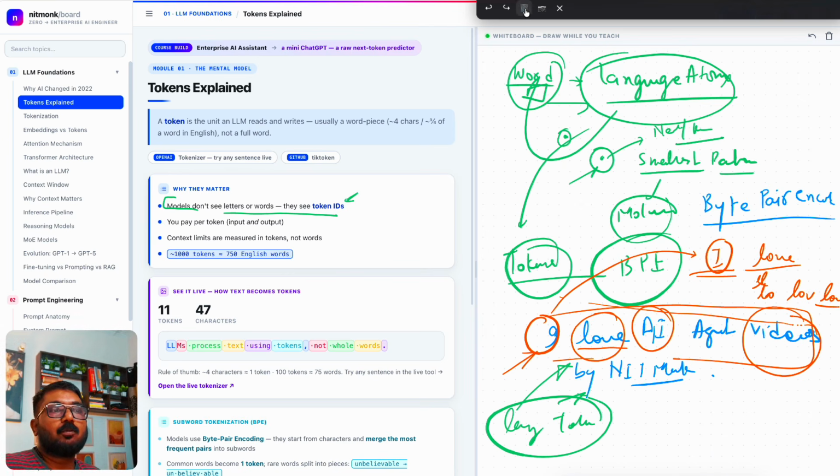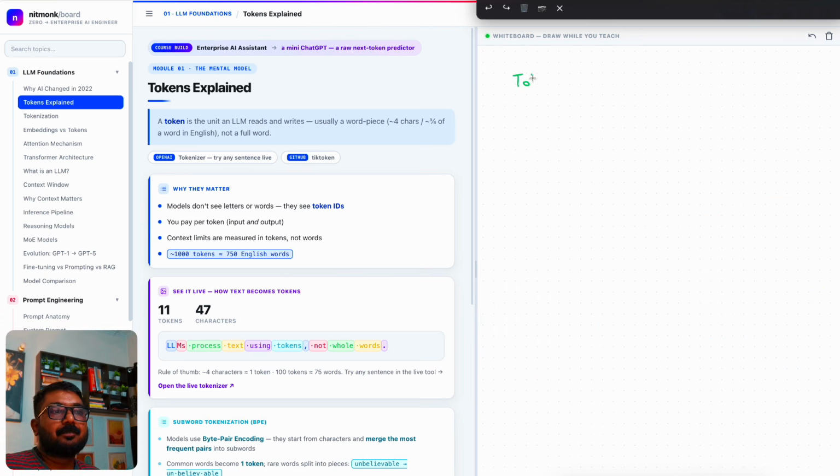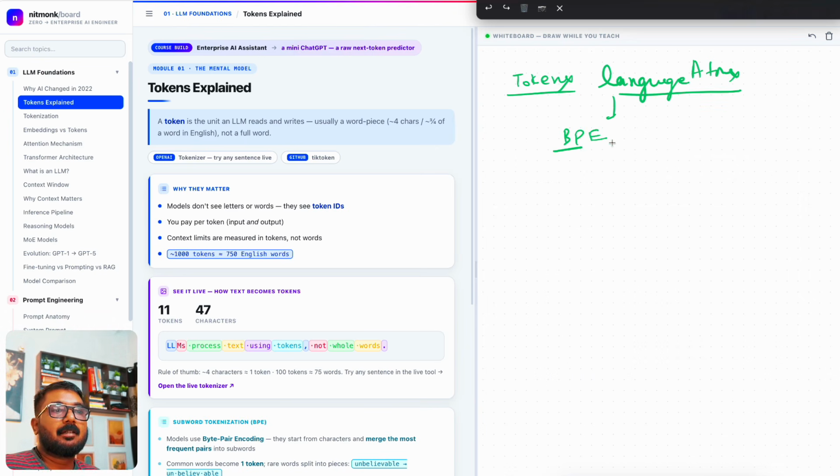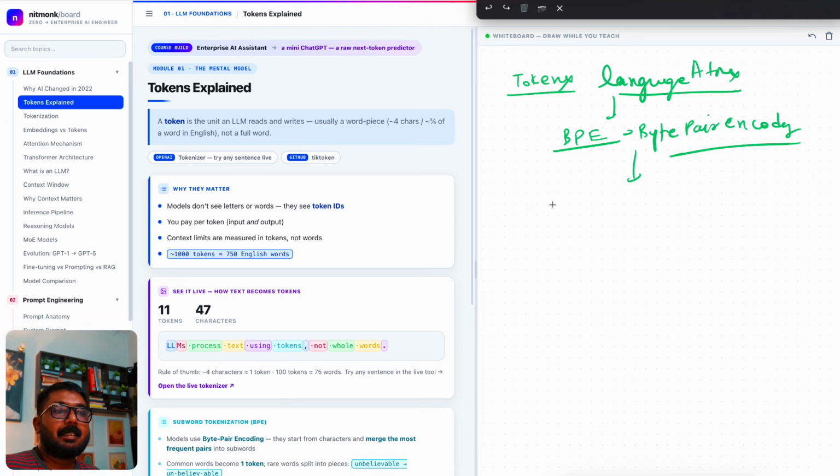So once you understand tokens as language atoms, finalized by BPE, byte pair encoding, you will have an idea of how it works. Let's say I say this sentence: LLMs process text using tokens, not whole words.